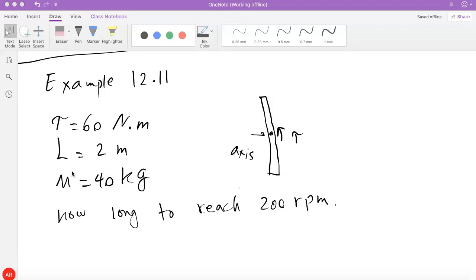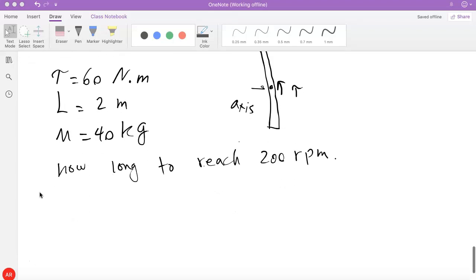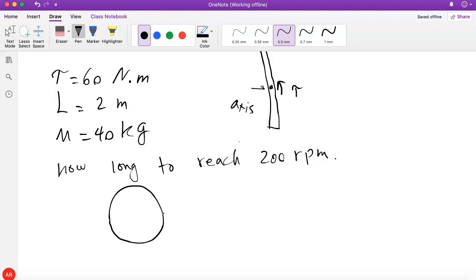So RPM, rounds per minute, that's just the angular velocity in some units. So let's first write it in standard units. So we want to see what is omega in radians per second. Each full round, as you go around, you cover an angle 2 pi in radians.